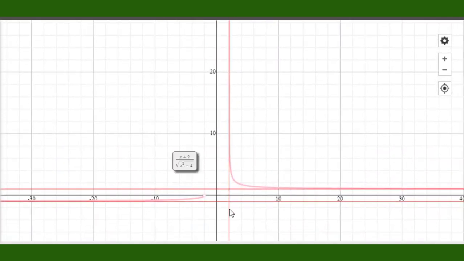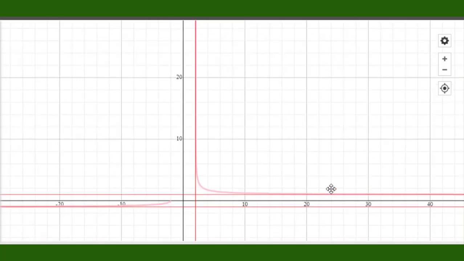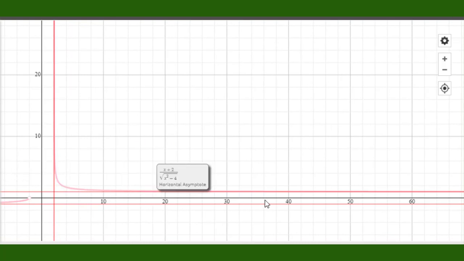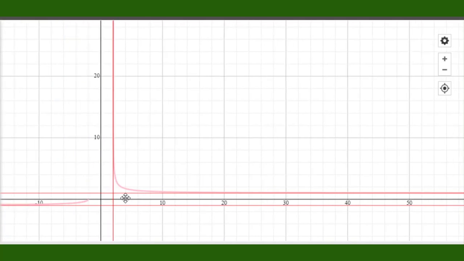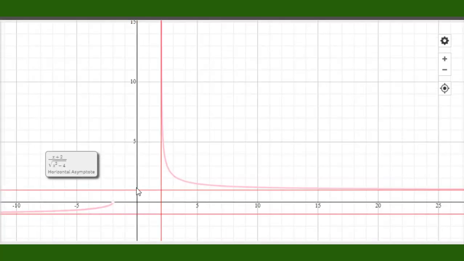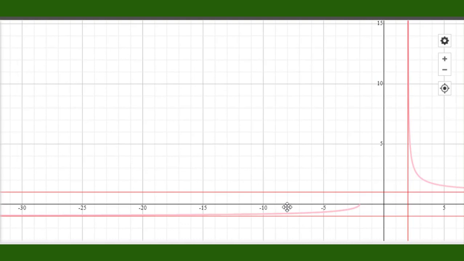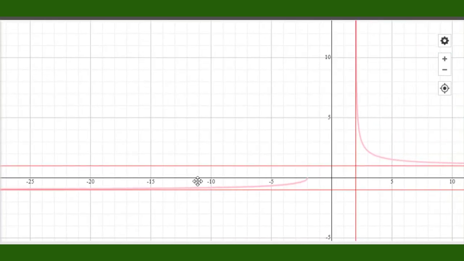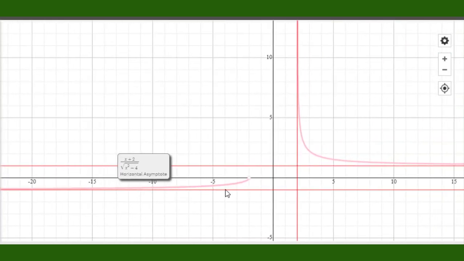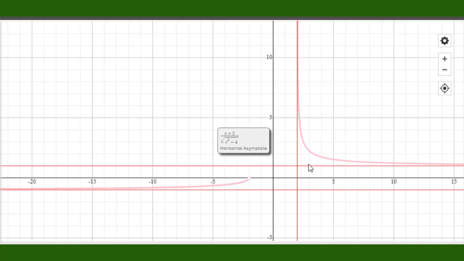When x tends to positive infinity, y is equal to 1, so y equals 1 is a horizontal asymptote. And when x tends to negative infinity, it also produces a horizontal asymptote at y is equal to negative 1.